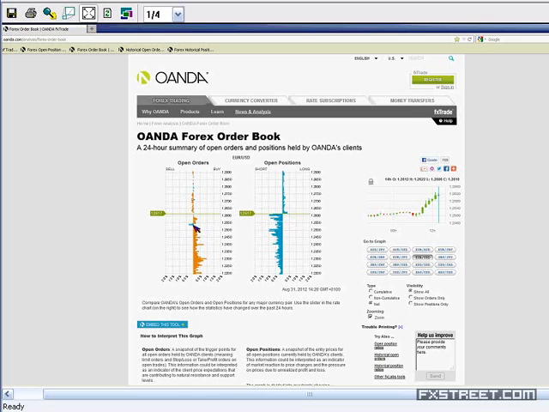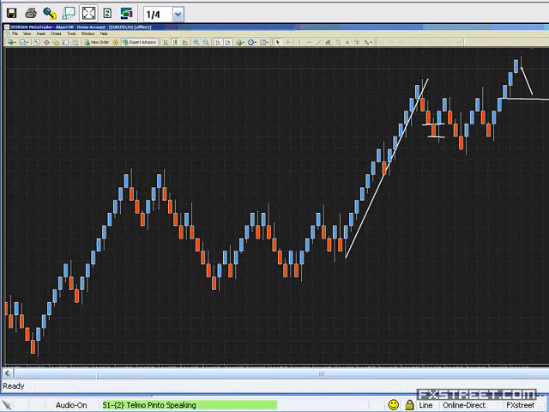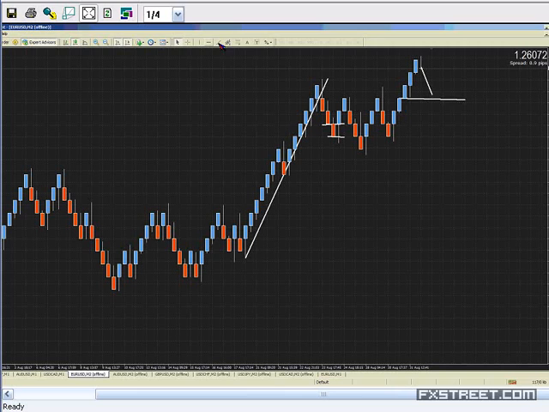So if I see this level here, I will pay very close attention to it. This level is very important. It is a level that is now supporting the market.